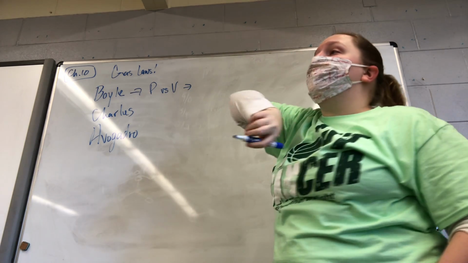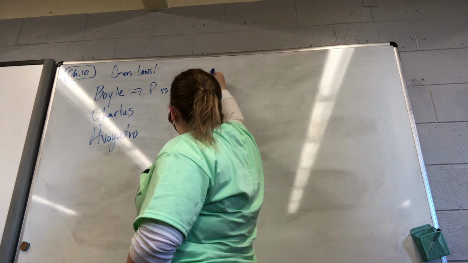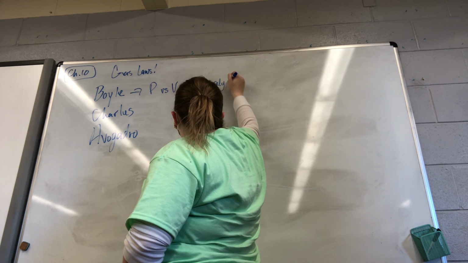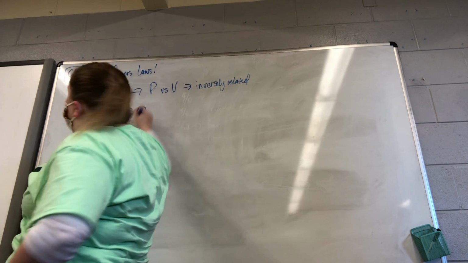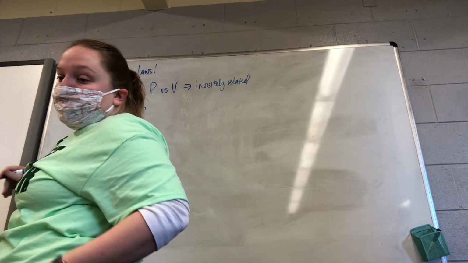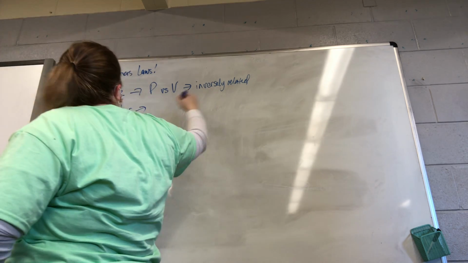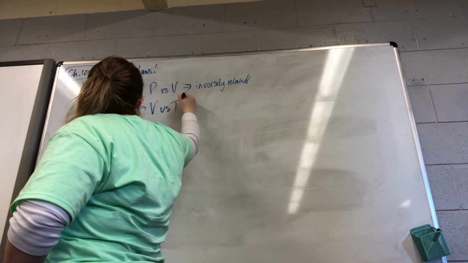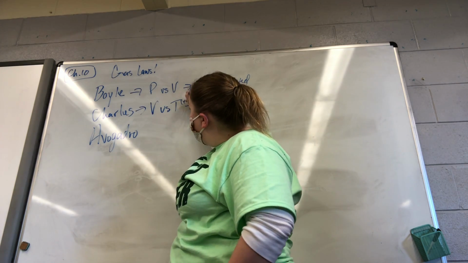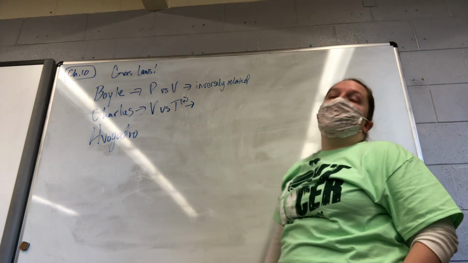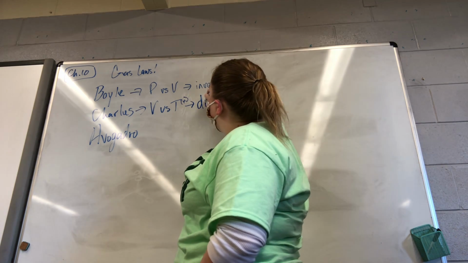Boyle related pressure and volume and said that they were inversely related. Charles related volume and temperature, T being in Kelvin, and said that they were directly related.